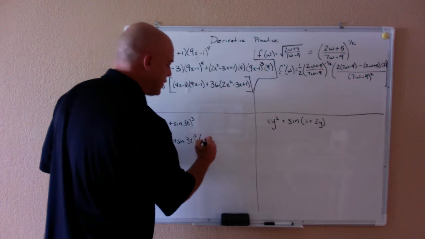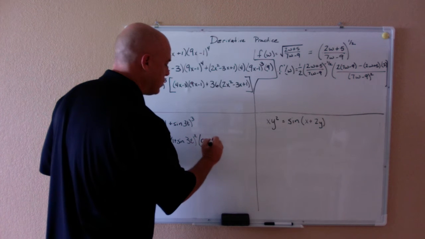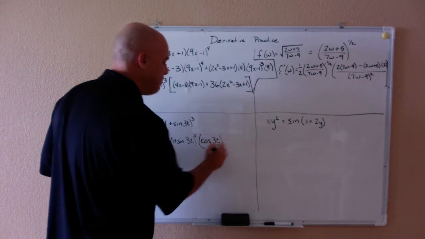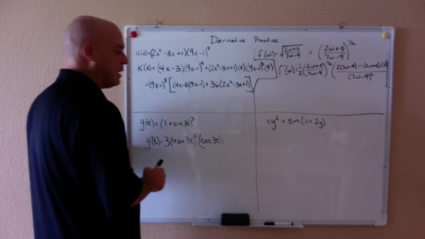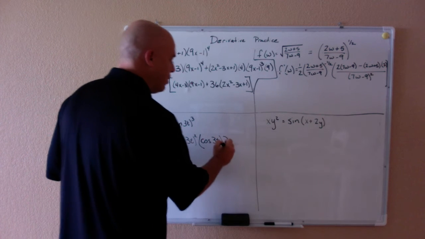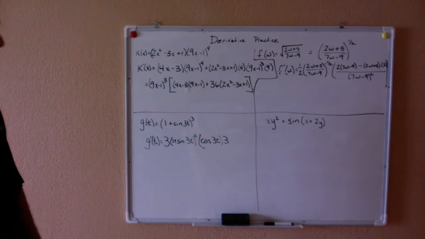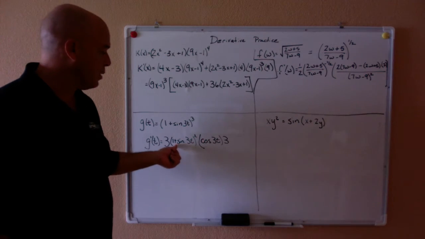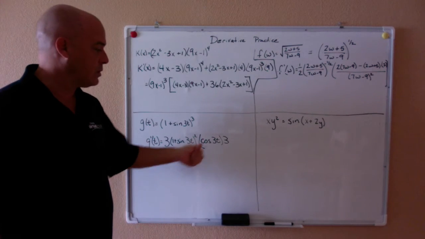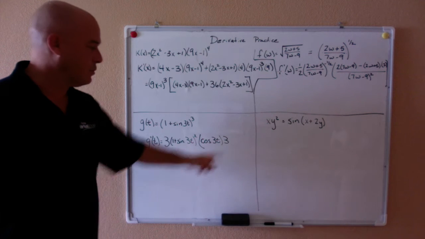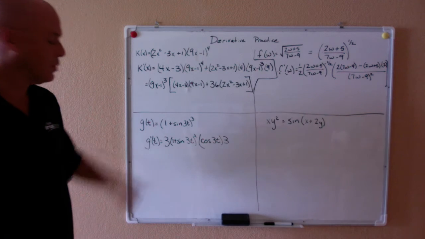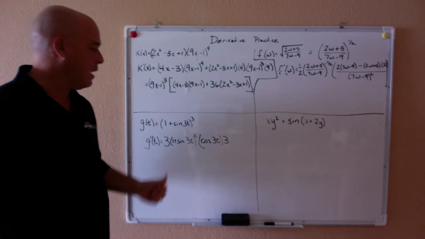The derivative of the sine function is the cosine function, leaving the inside the same. But then I have to multiply times the derivative of the inside, which is 3. And so there we have it. We have 3 times 1 plus sine of 3t squared times cosine of 3t times 3. And of course I can multiply those 3's together, giving me 9 out front.